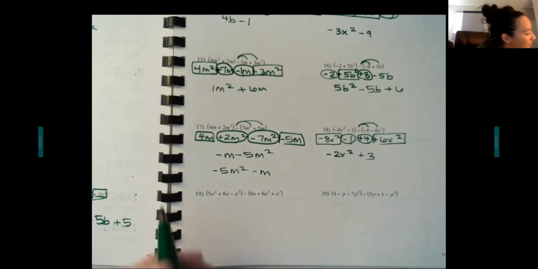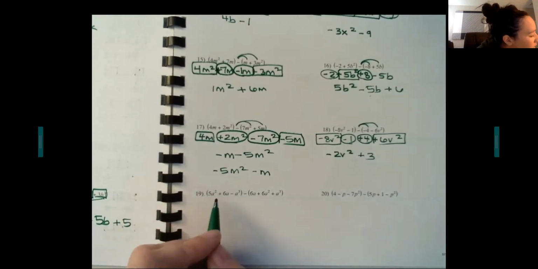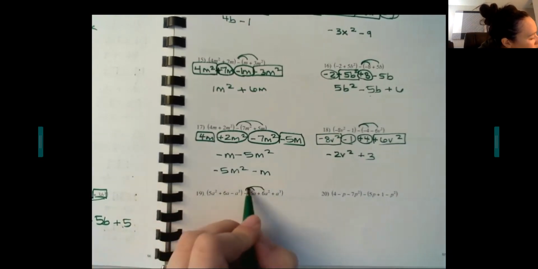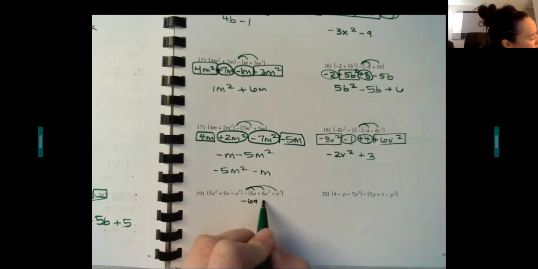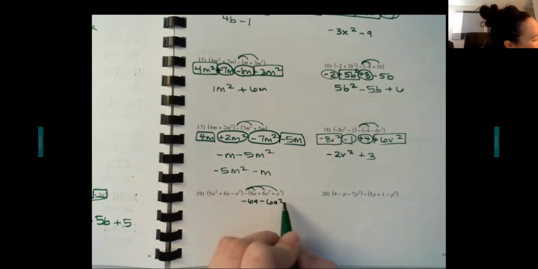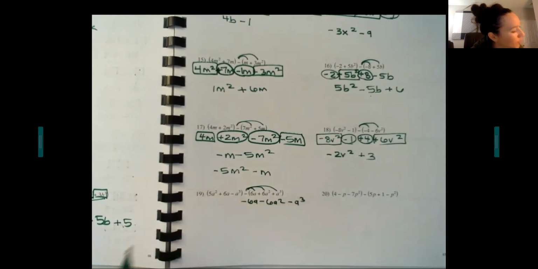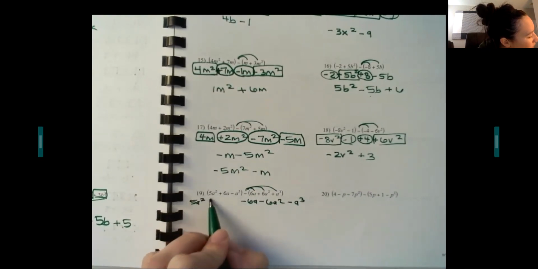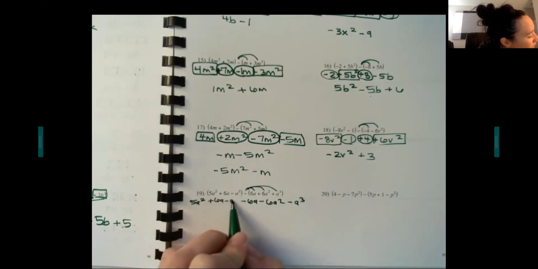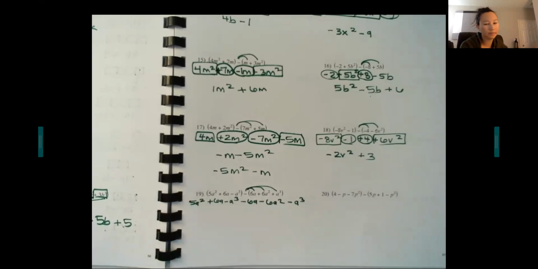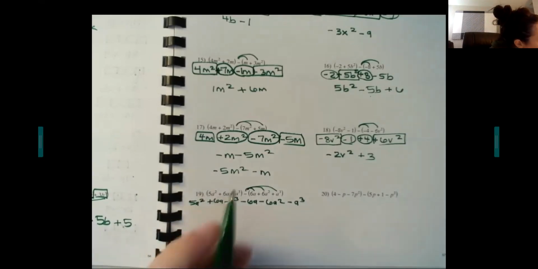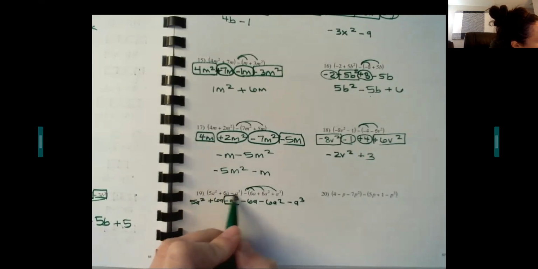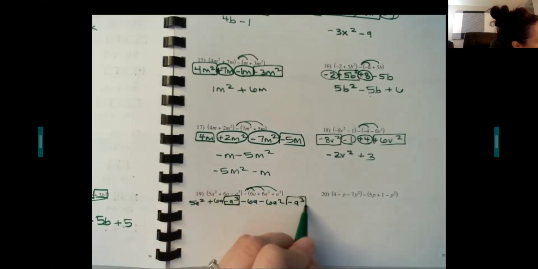Okay, and then number 19. So let's see. First we need to just distribute our negative. So negative 6a minus 6a squared minus a cubed. Now we're going to bring down our first set, 5a squared plus 6a minus a cubed. Now let's start with the highest power. So negative a cubed and negative a cubed.